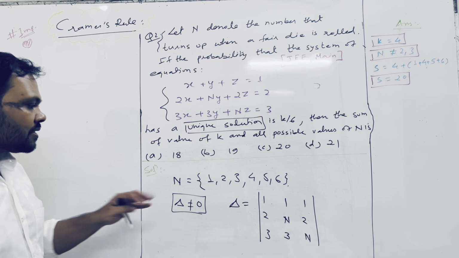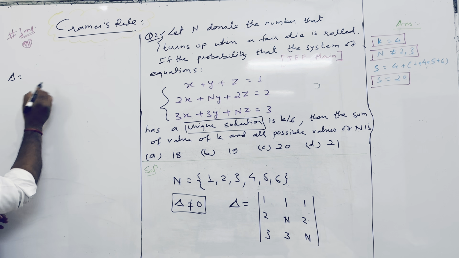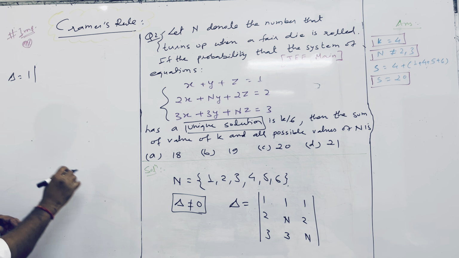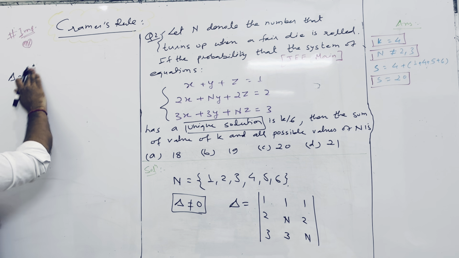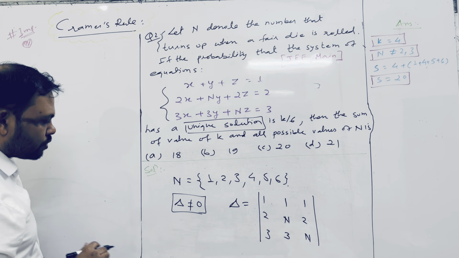Now students, let's expand this particular determinant. After expansion, we can write 1 into, I am just opening it directly because you already know how to expand determinants, practice lots also.